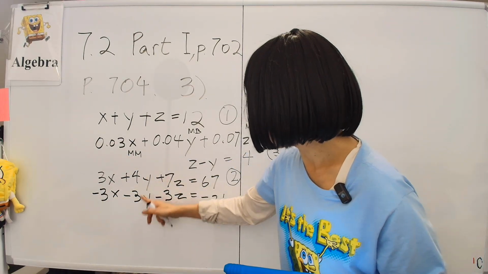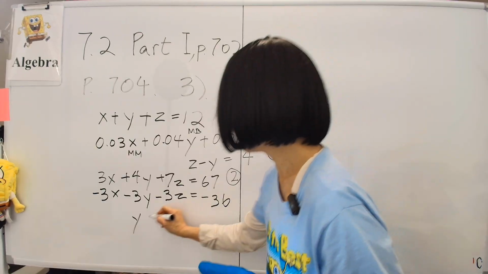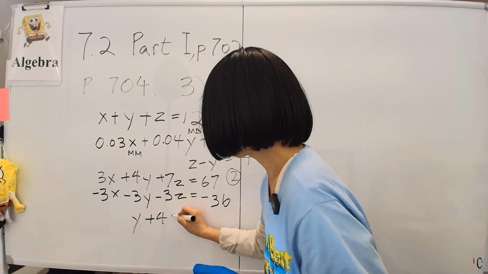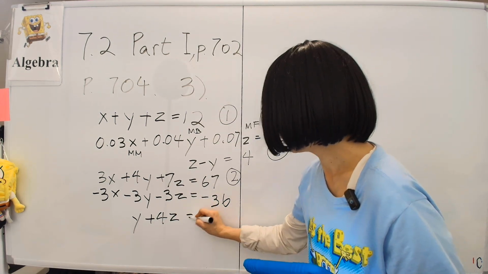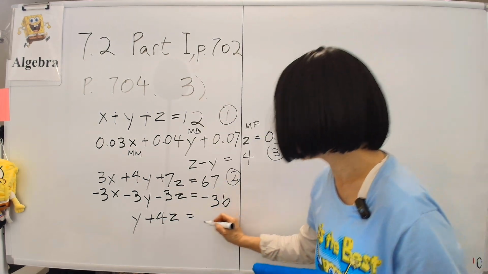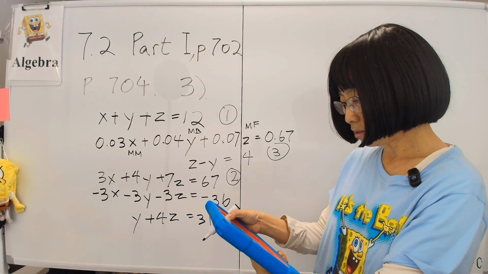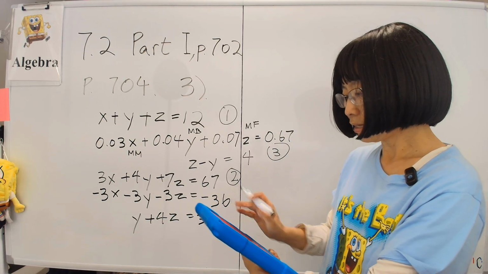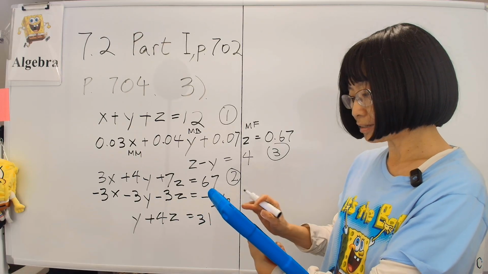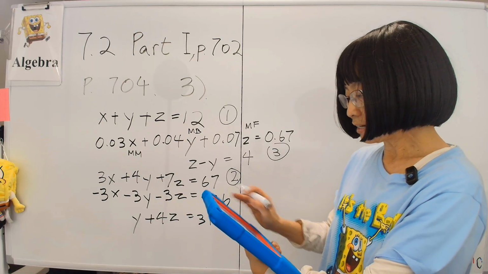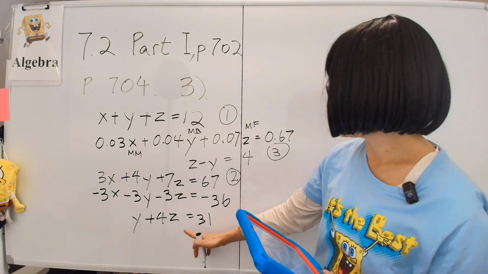So 4 minus 3 is y, and 7 minus 3 is 4z. And then 67 minus 36 should be 31. So we got y plus 4z equals 31. All right, so far so good.